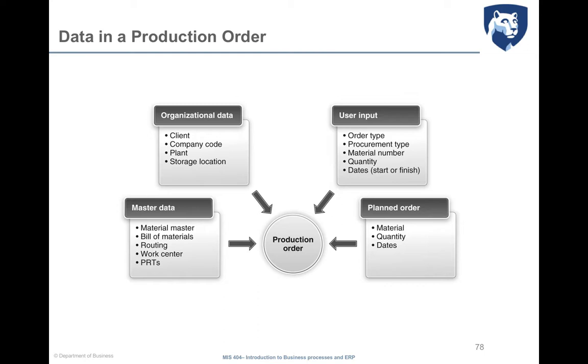These are the data that are needed to create a production order, and you can see that much of these are already included in the plan order, like master data, organizational data, user input, and plan order.